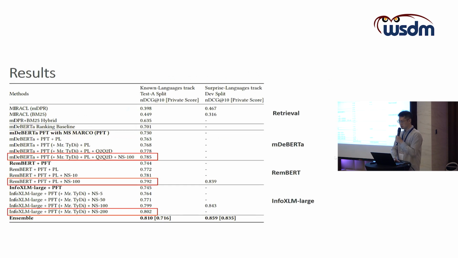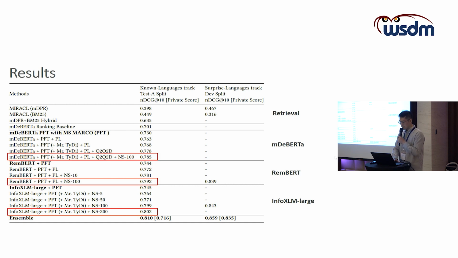This table presents the overall results of our experiments. Our solutions are consistent across both the non-language tracks and the surprise language track. In the retrieval stage, we achieved a score of 0.635 using a hybrid result of BM25 and MDPR from Pyserini.